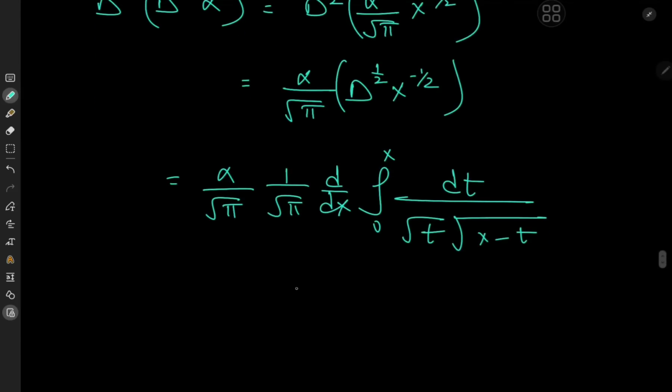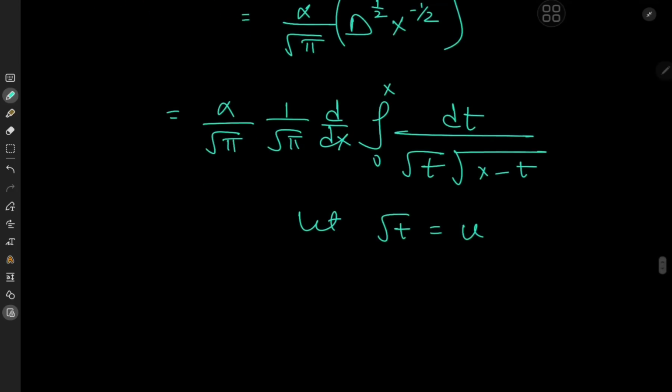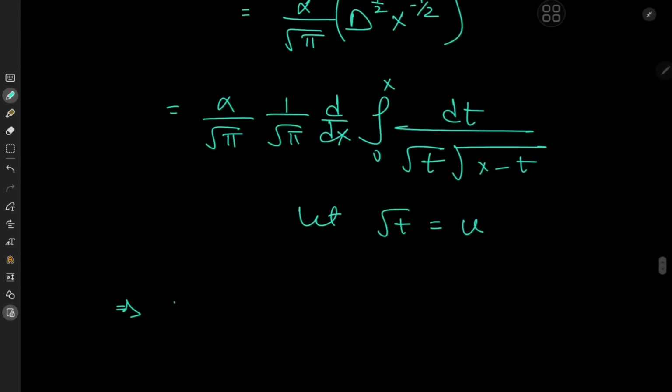And all you need is one substitution of letting root t equal u, and that would yield the half derivative. I keep writing negative half derivative because I want to get to that concept later in the video. Anyway, so we have the half derivative of the constant alpha turning out to be alpha divided by root pi, and you definitely need a factor of 2 there as well.